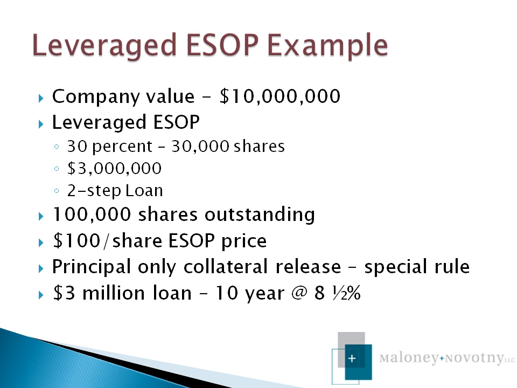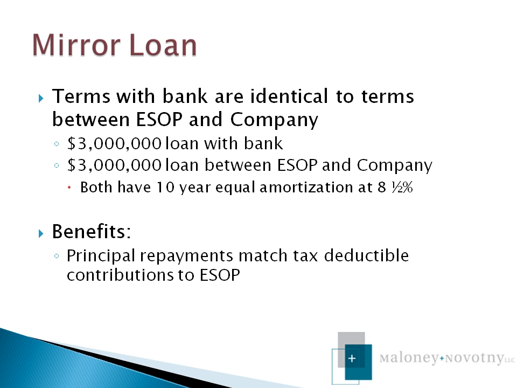Okay, a mirrored loan is one where the terms are identical between the bank and the ESOP. So the company in this scenario has a term note with the bank. They also have the inside note with the ESOP. In this case, both notes are going to be at $3 million, both are going to be amortized over 10 years equally, and both are going to be at 8.5% interest.